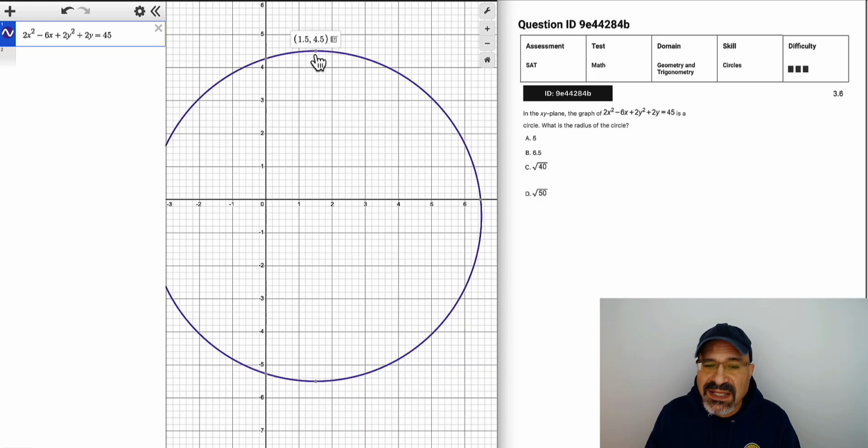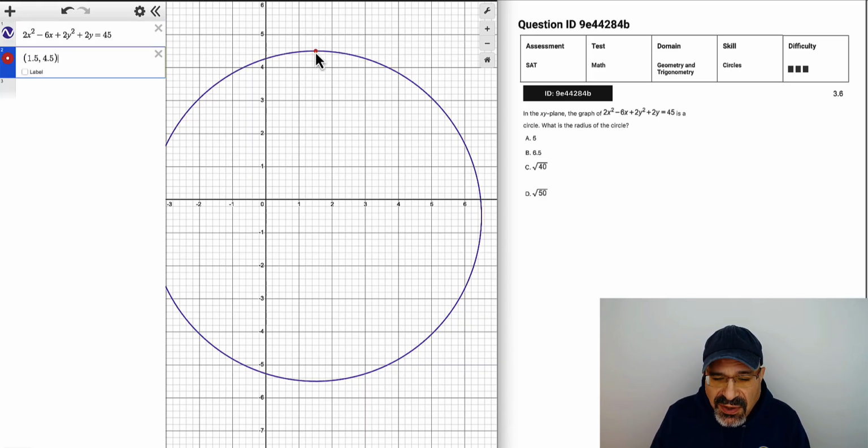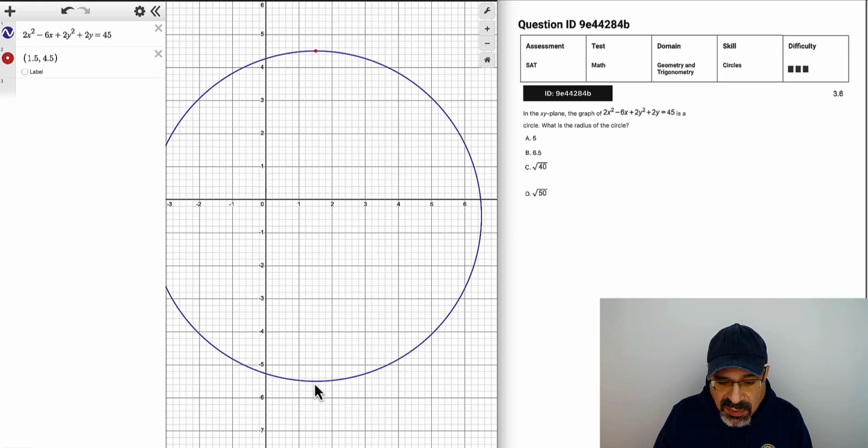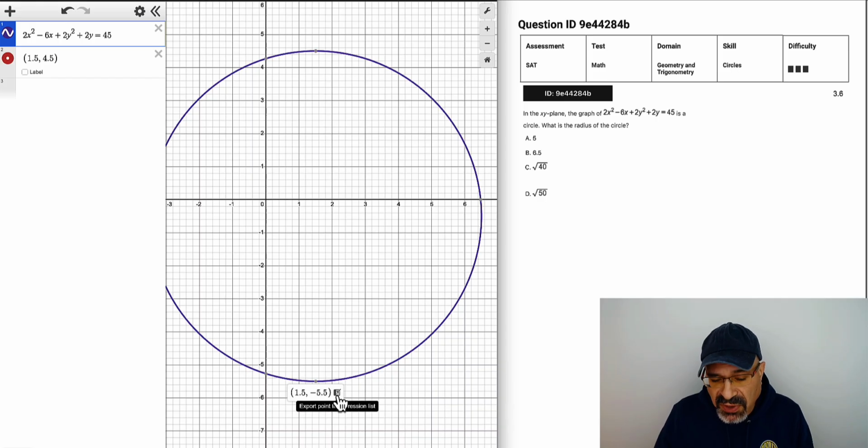So here it's giving us the y value at one end of a diameter of the circle, and then it'll give us the y value at the other end of a diameter of the circle. So you can see we have the y value here at both ends, and I just translated those into points by hovering over it, and then, well, it doesn't do it now because I already did it, but if you hover over the point, then this little notebook looking thing pops up.